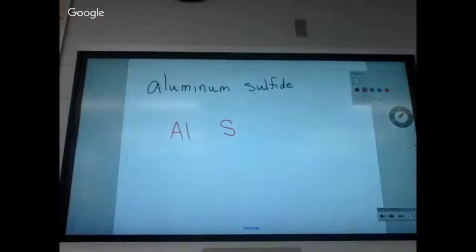So when you look up aluminum, find the symbol, and then the oxidation number's right there, side by side. And then when you do sulfide, sulfur, no S, look over to the back. Look up sulfur, and then you got S, and you got all those oxidation numbers. Sulfur's last, so which one do you have to pick? Are you with me? Does that help you find it a little faster?